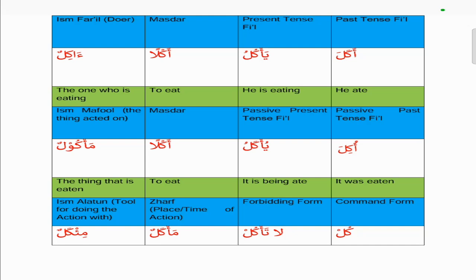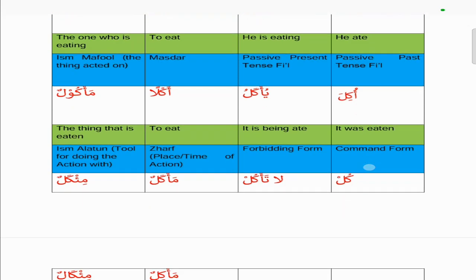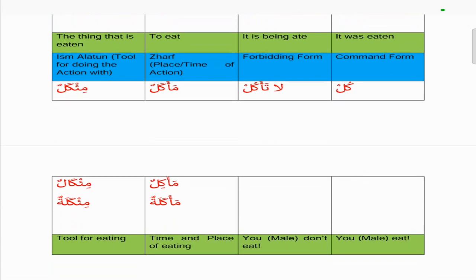The second to last letter, the kaf, has a dhamma, so we add a dhamma to the alif, and it becomes ukul. But then you can just drop the alif with the dhamma as well as the hamza. You can drop both of them and you're just left with kul, which means eat. And the forbidding form is la ta'kul.